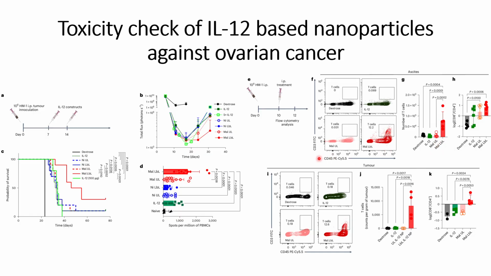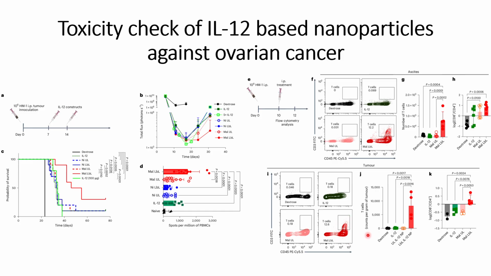Then they did similar studies on the tumor nodules, and they see similar results. That is, the CD8 to CD4 ratios of T cells are high even in the case of tumor nodules.